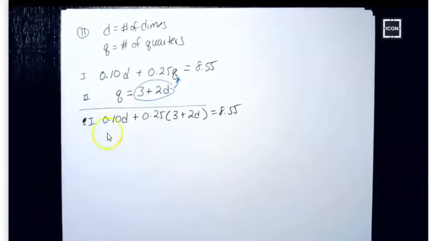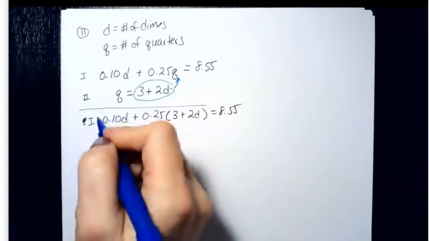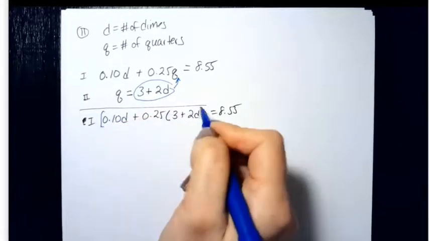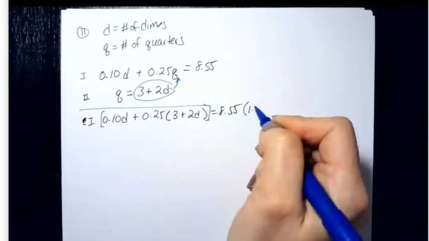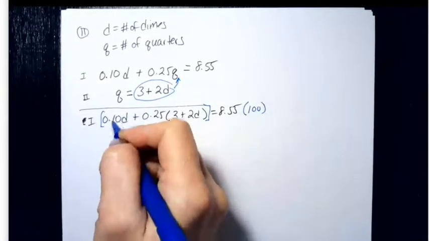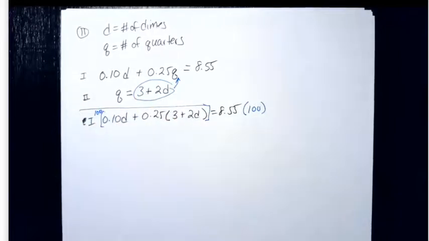If you don't like the decimals, we can clear out the decimals by multiplying everything in the equation by 100. And I mean every term in the equation by 100. 100 moves the decimal point 2 places. I could pick any number to multiply by, but I just want to move the decimal point. I don't want to have to do too much work.